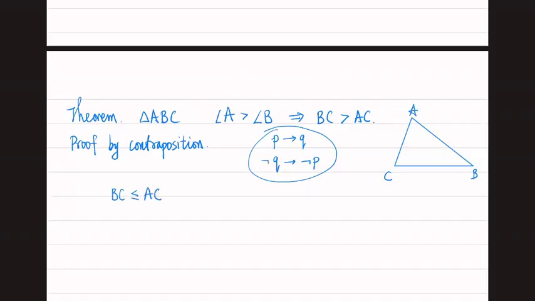Now we want to prove the negation of P. So we have two cases: when it's equal, and when it's strictly less.